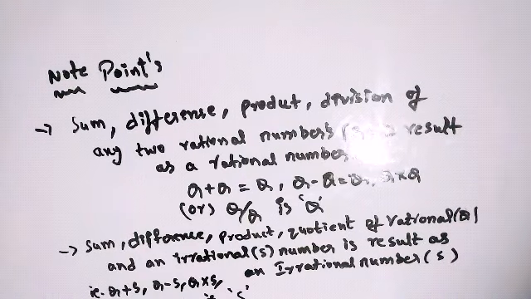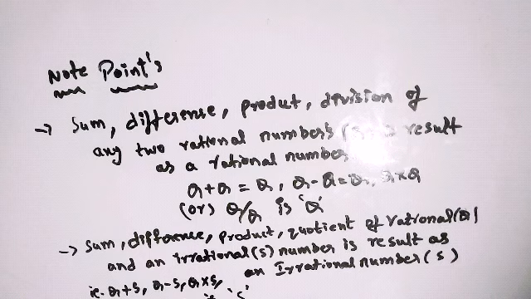Lastly, here we have some note points. The first point: sum, difference, product, division. Sum means addition, difference means subtraction, product means multiplication, and then division.